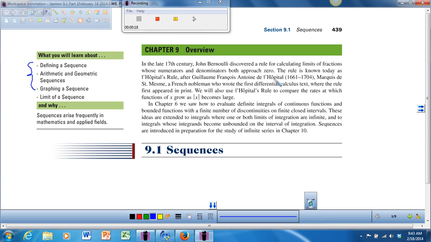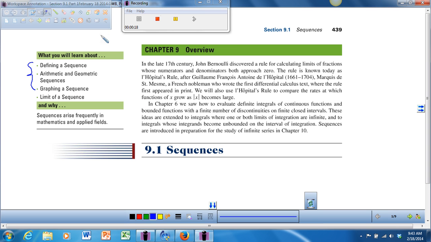Antoine de L'Hôpital. And he was given credit for this rule, even though he was not the one who first discovered it. John Bernoulli discovered the rule. And L'Hôpital was given credit because he was the first to publish. It all comes down to publishing. All right, so we will look at L'Hôpital's rule. We'll look at sequences and improper integrals. And that's all we have in this chapter.